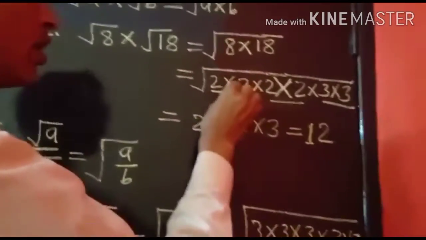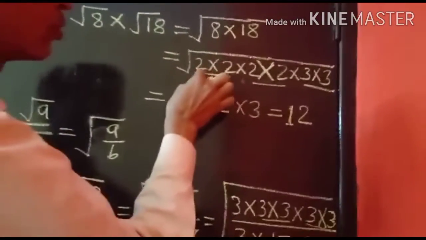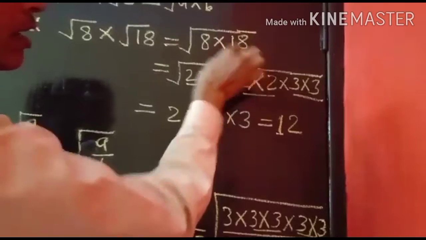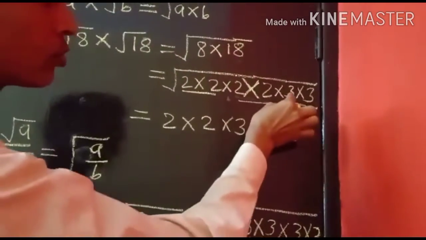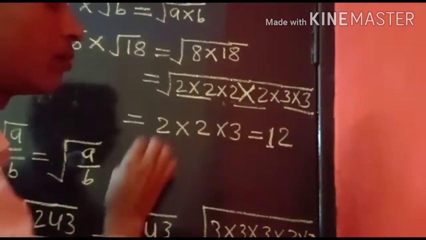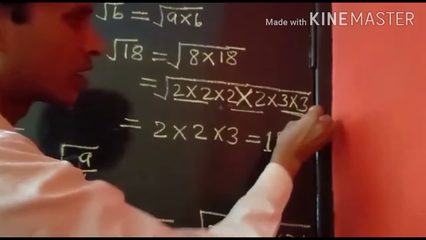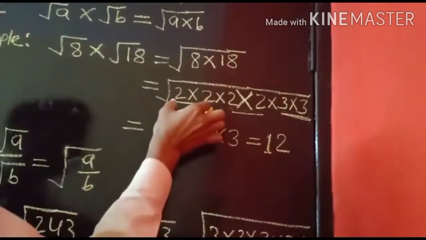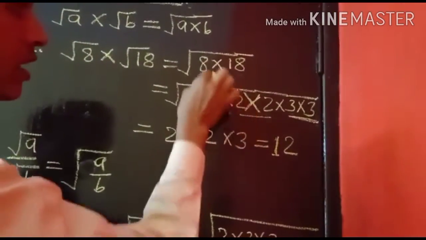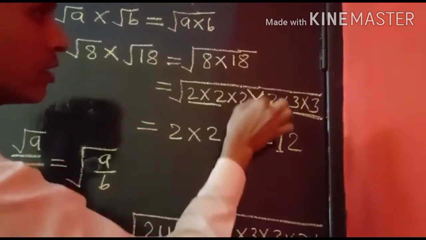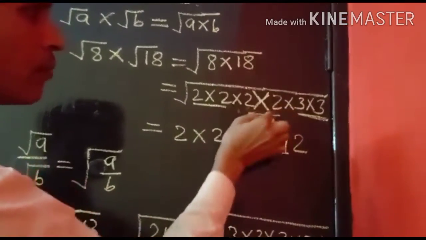It is because 8 can be written as 2 into 2 into 2 and 18 can be written as 2 into 3 into 3. So while making pairs we see that there is one pair of 3s, one pair of 2s, and one more 2.